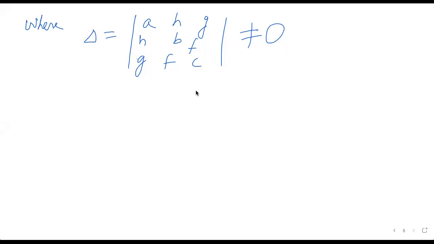Yes, sir. Where we have this, the discriminant should be non-zero.